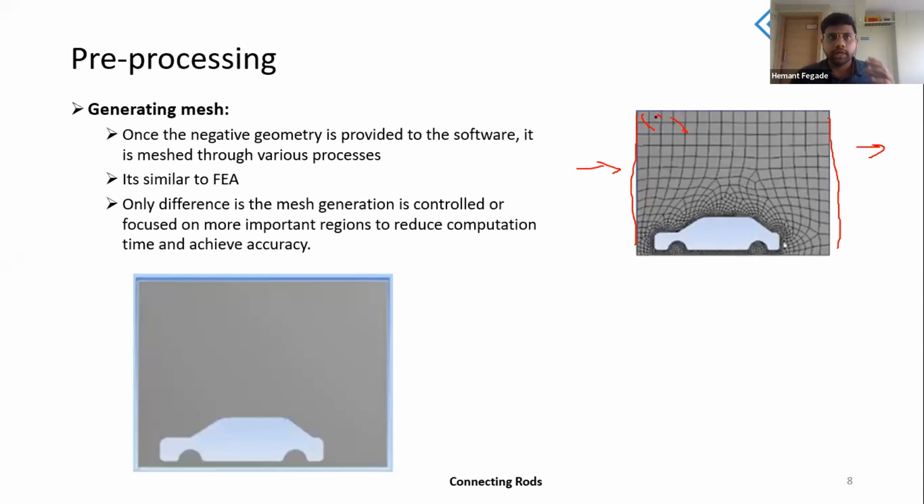So whenever there are approximations involved, there is error involved. Now, the bigger the size of these elements are, the worse is your accuracy. The reason is simple: all of the properties are going to be averaged over this element, and there are going to be initial guesses involved for each of the velocities, etc.